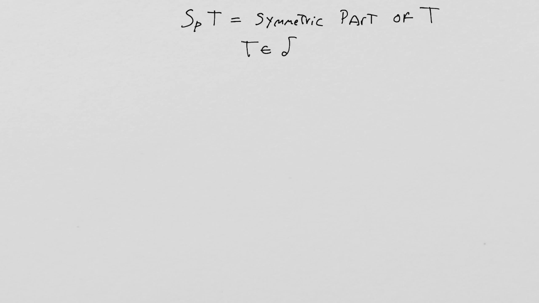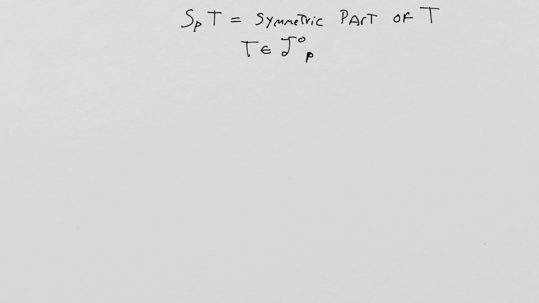All right, so now we're going to define another operator on tensors called the symmetrizer. The symmetrizer, S_P, operating on a tensor T, will return the symmetric part of the tensor T. And T, just like before, we're going to presume is part of a (0,P) tensor product space.